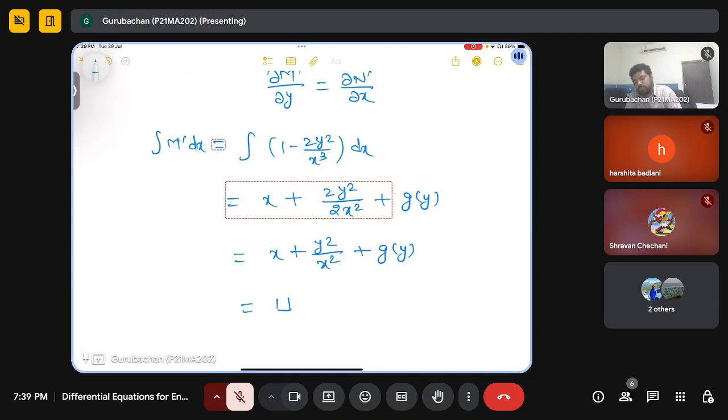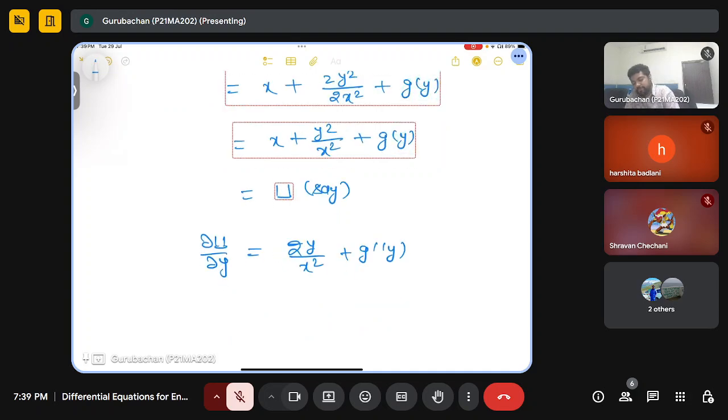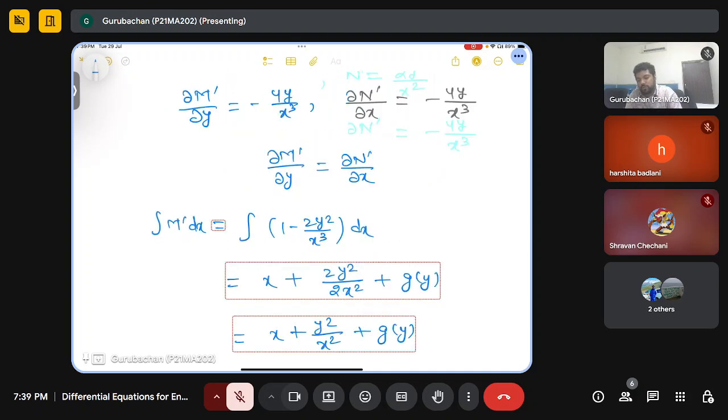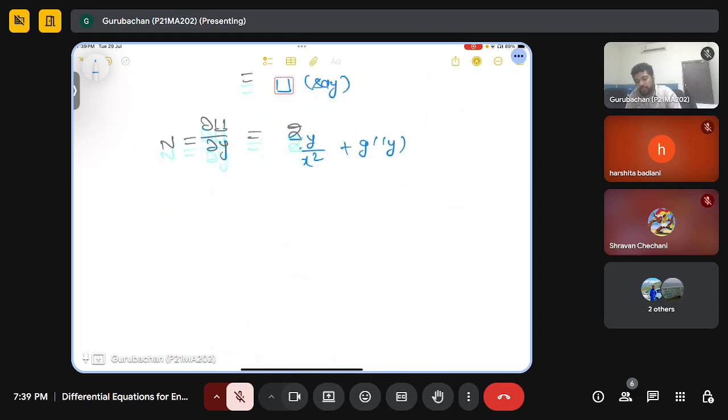Again, suppose this is some u, and then del u by del y will give you 2y by x square plus g dash of y. And what was the value of n? The value of n in the new differential equation was 2y by x square.